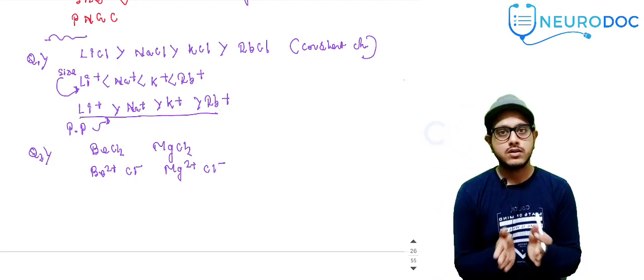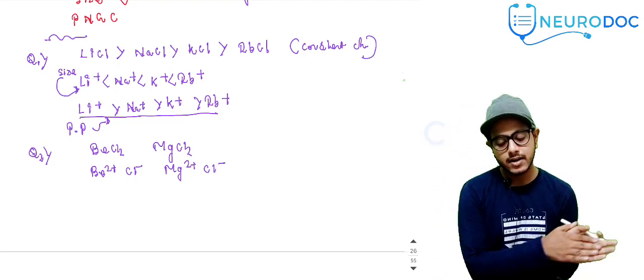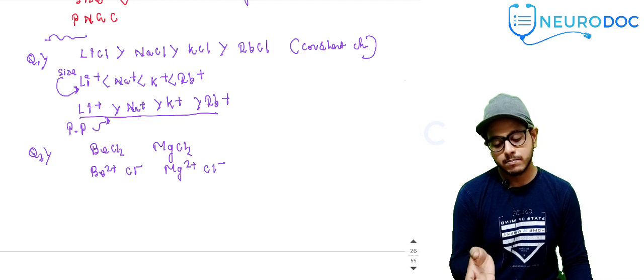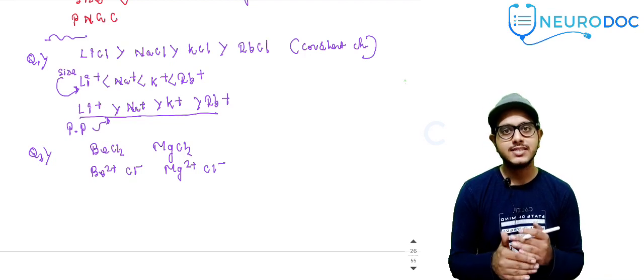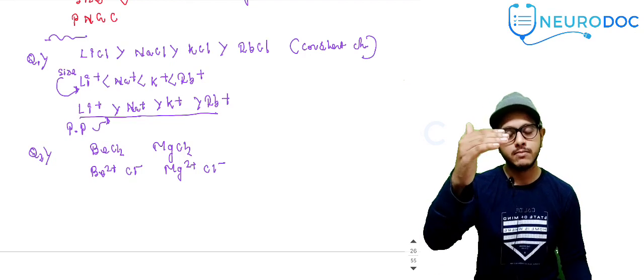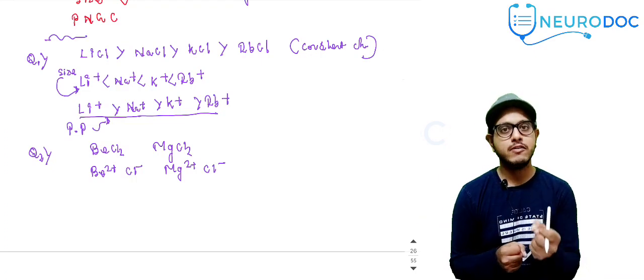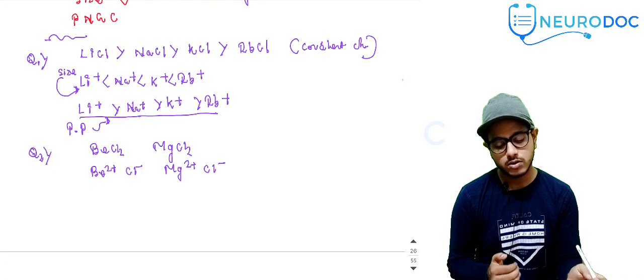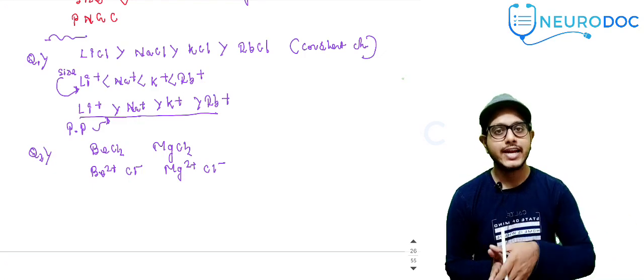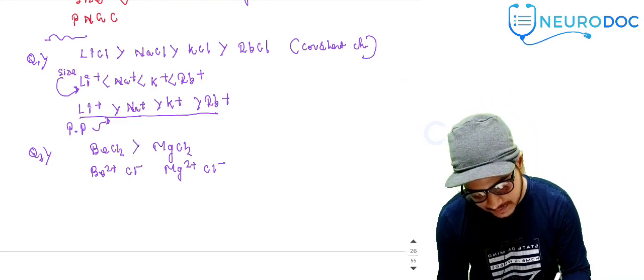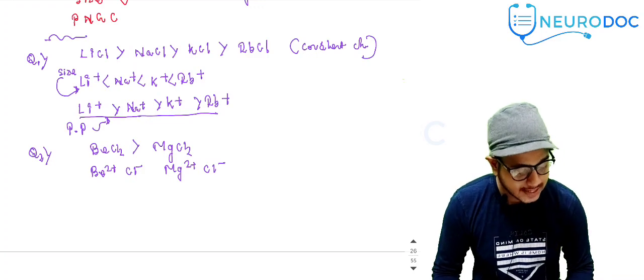Anions are same, nothing to compare. The cation Be2+ has a smaller size. They lie in a group, beryllium and magnesium, right? Hence the polarizing power of beryllium Be2+ will be more. Hence the covalent character will also be more. So this is the second example.